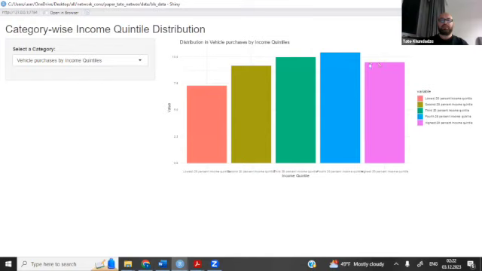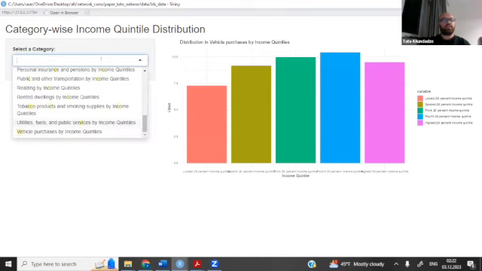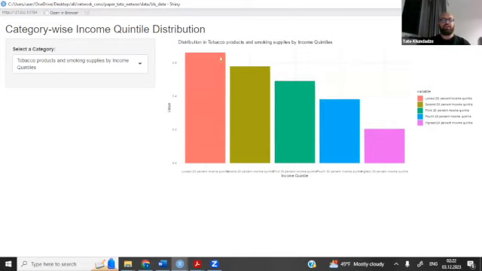We have some slight exception here for this group and the highest group, but I still consider it a kind of luxury, so I classify it as a luxury good. If we choose a different good, like tobacco, then we have different dynamics, different shares.